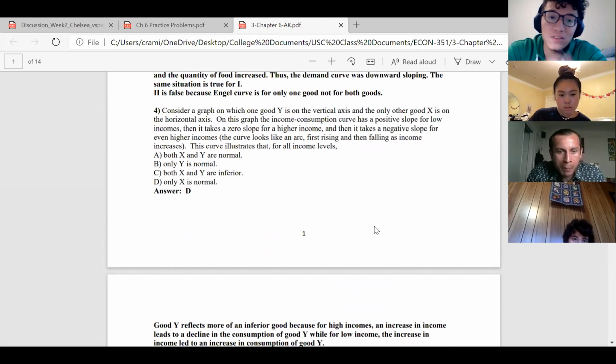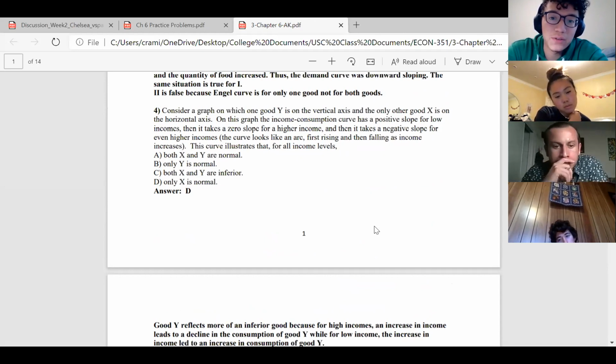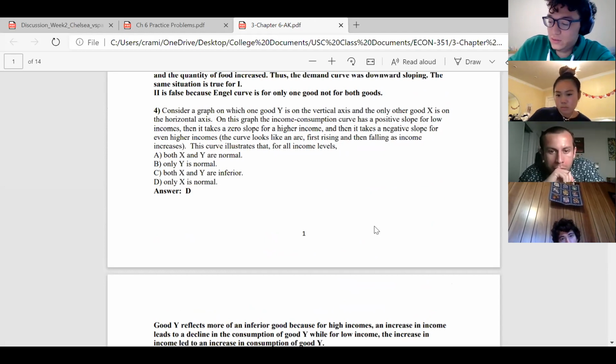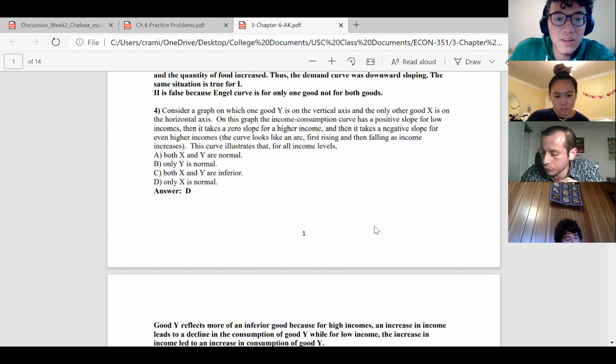Okay. So consider a graph on which one good y is on the vertical and the other good x is on the horizontal. On this graph, the income consumption curve has a positive slope for low incomes, and it takes a 0 slope for higher income, and then it takes a negative slope for even higher incomes.